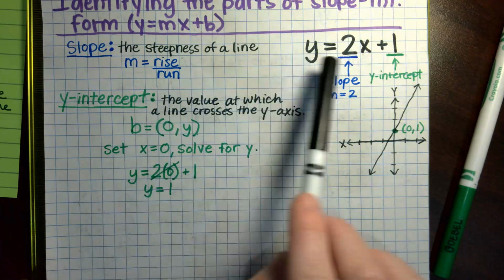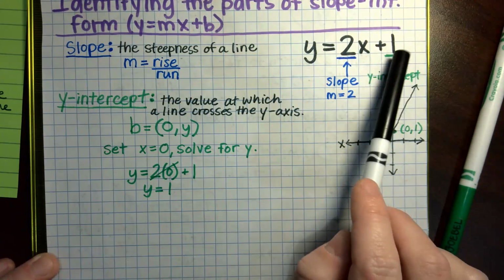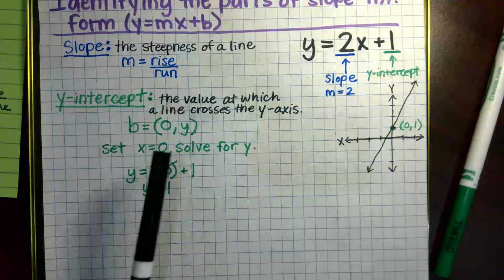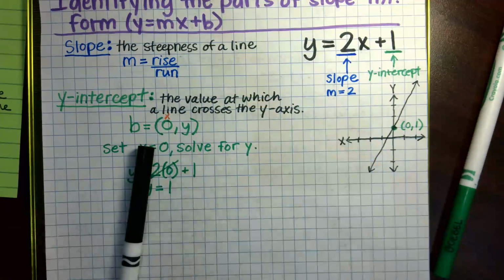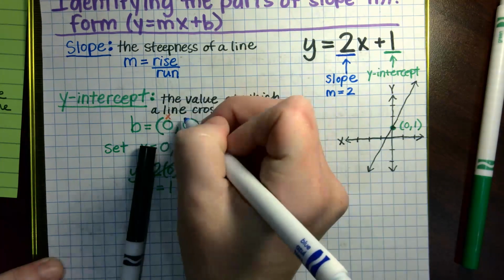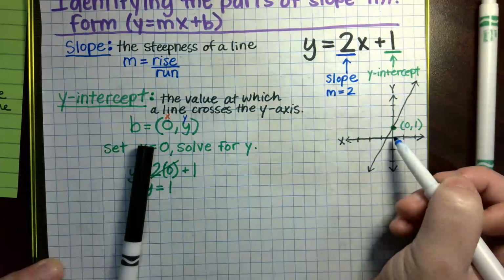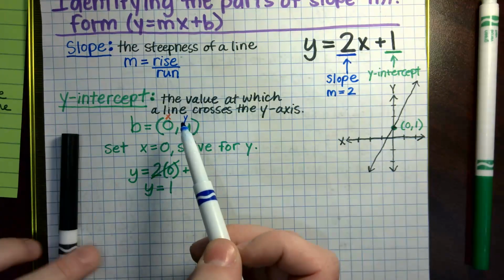So when we look at the equation, whatever the plus is at the end, that's our y-intercept. And we can write it as a coordinate. When x is 0, wherever y is touching on the line, that's our y-intercept.